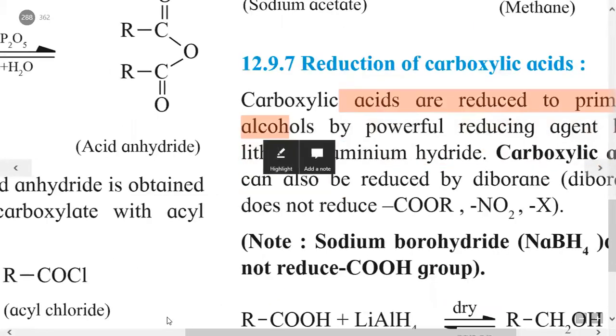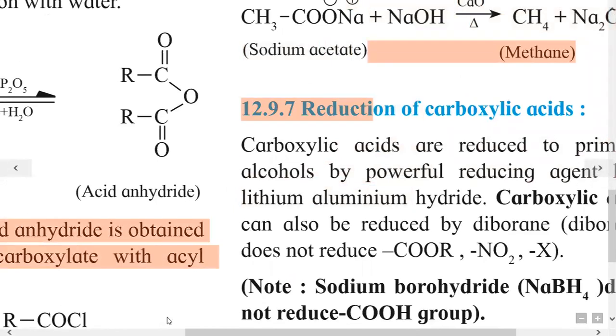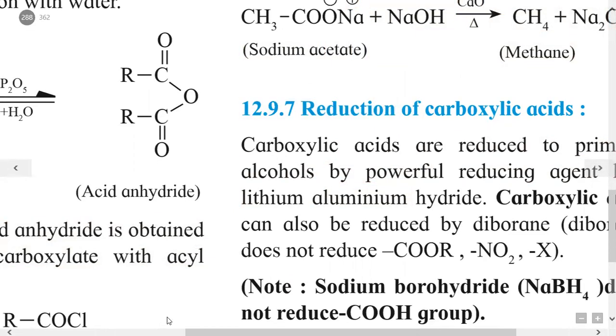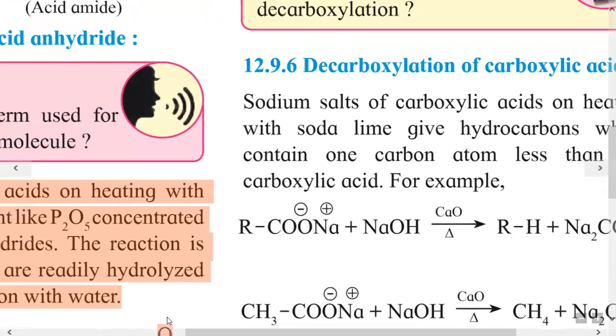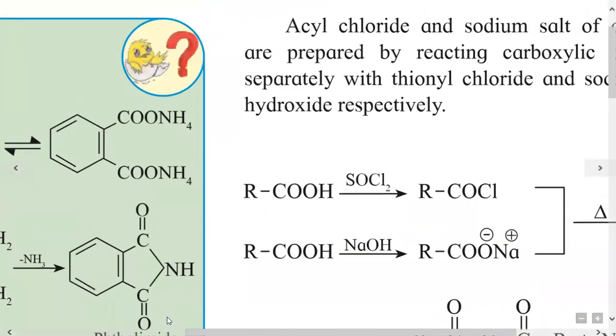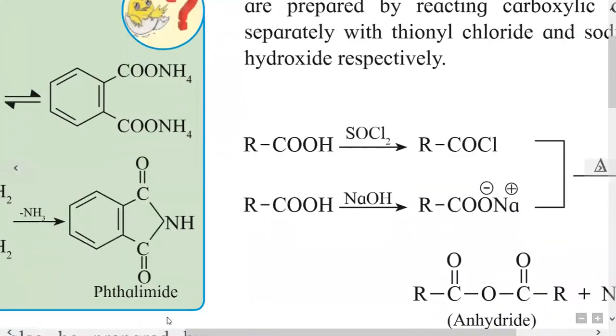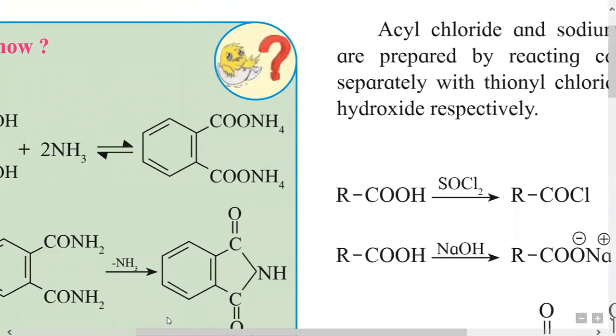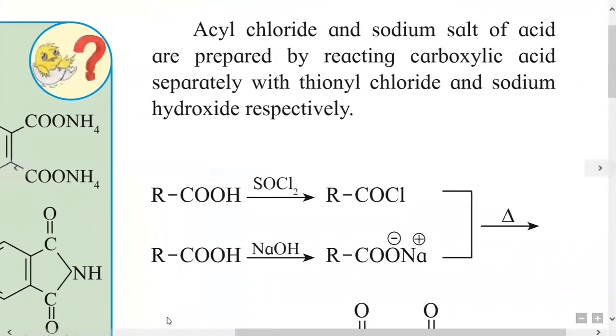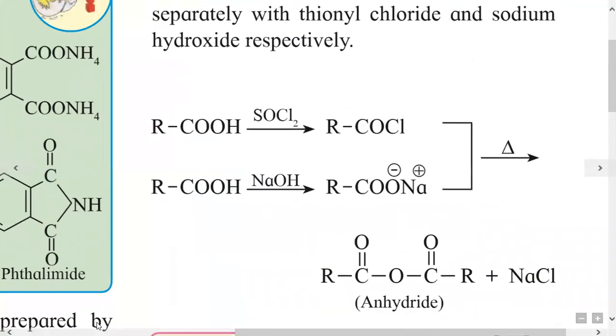Now the next reaction of carboxylic acid is decarboxylation. Before that, this acyl chloride and sodium salt of carboxylic acid are prepared from the carboxylic acid separately with thionyl chloride and sodium hydroxide respectively.